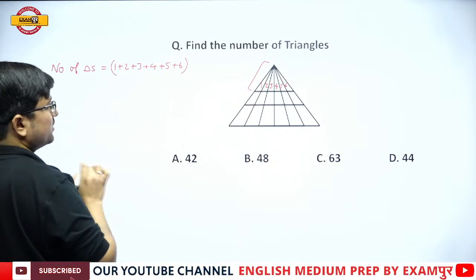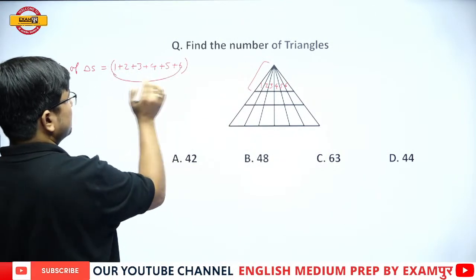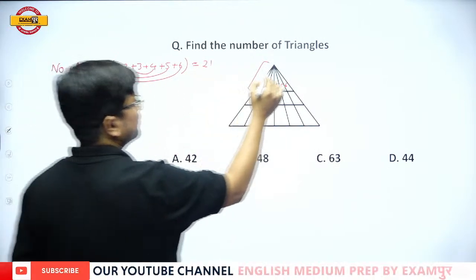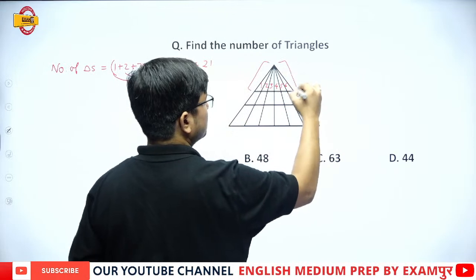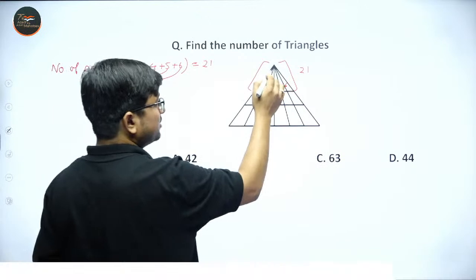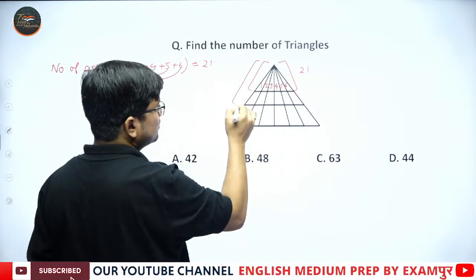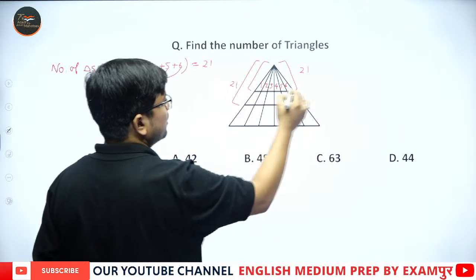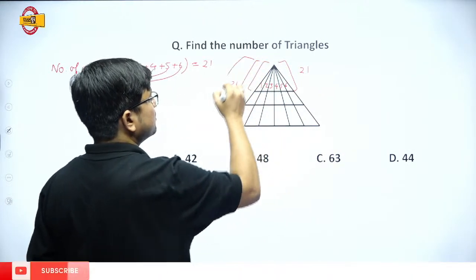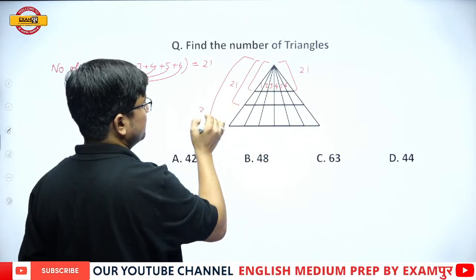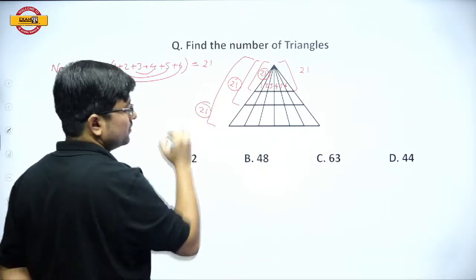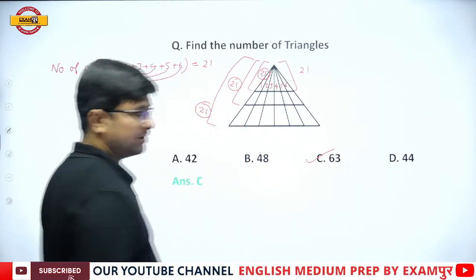And how much are we getting? 6 plus 1, 7, 5 plus 2, 7, 4 plus 3, 7. So it is 21. So the number of triangles in this region is 21. Getting it? Now if the number of triangles in this region is 21, the number of triangles in this region will also be 21, and in this region will also be 21. So 21 plus 21 plus 21 will be 63.